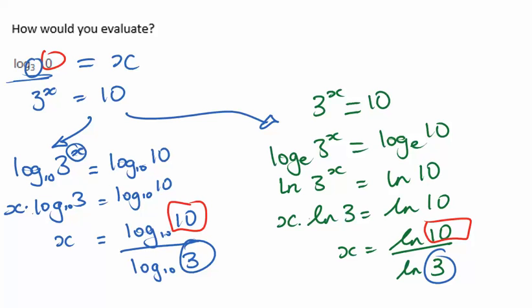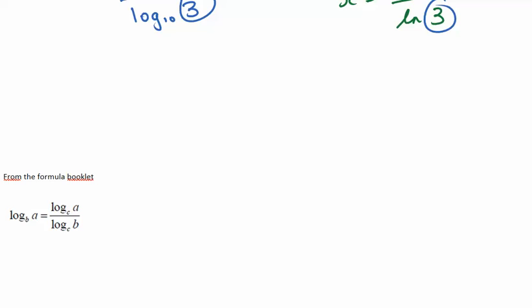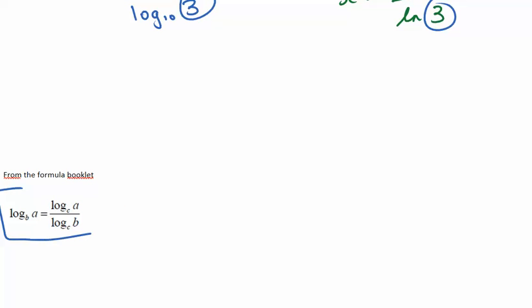So our rule, and this is in our formula booklet for IB, if you want to find the log of A base B, it's the same as log of A divided by the log of B. And as we've put base C there, that can be any base at all.